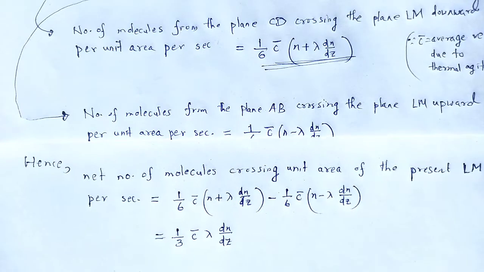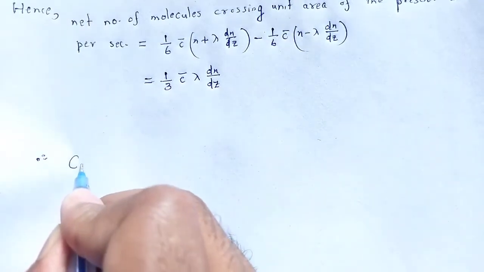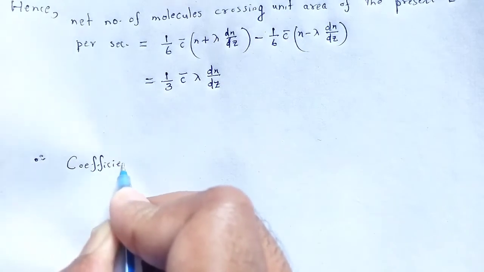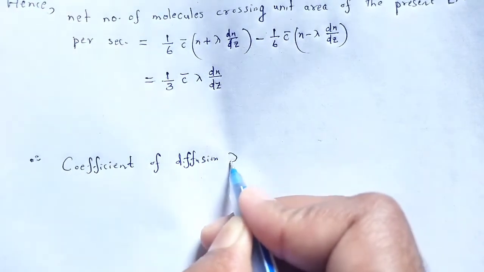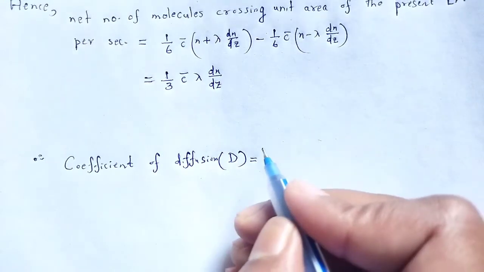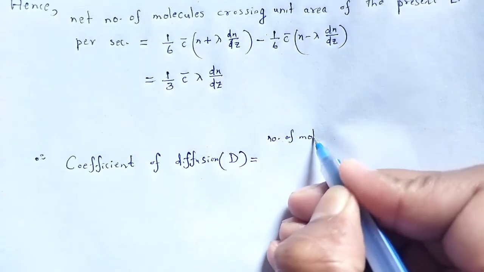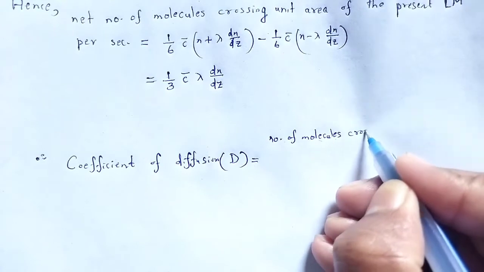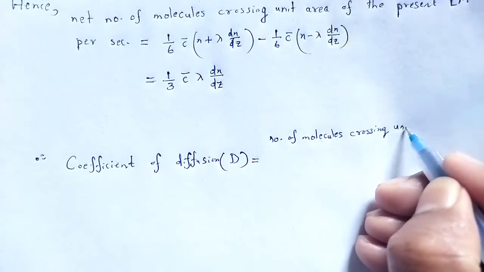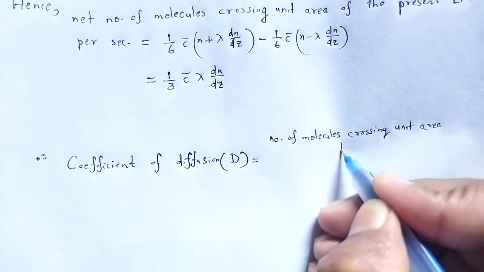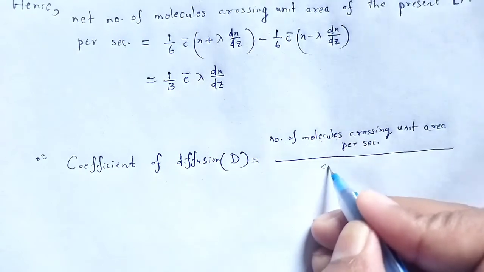Now we define the coefficient of diffusion, D. We define the coefficient of diffusion as the ratio of the number of molecules crossing unit area per second to that of the concentration gradient.